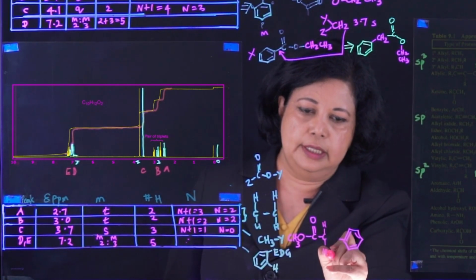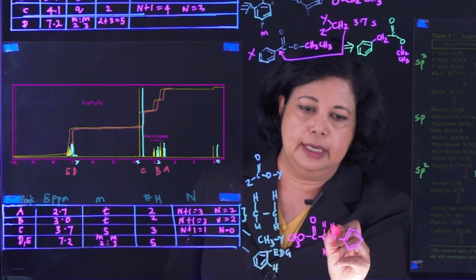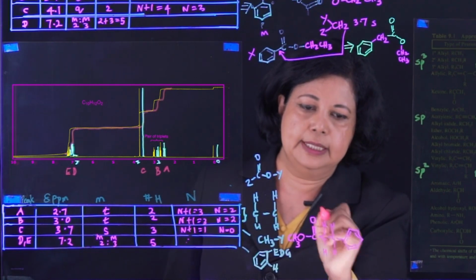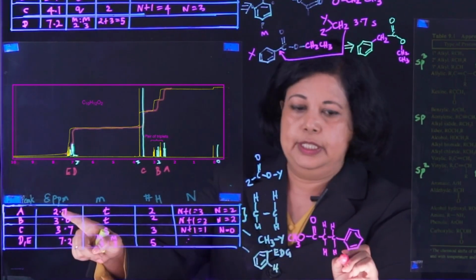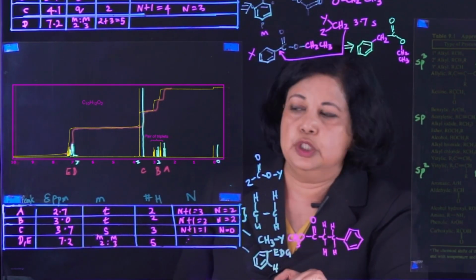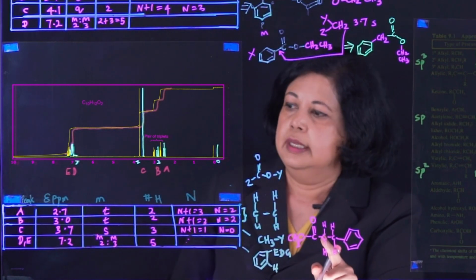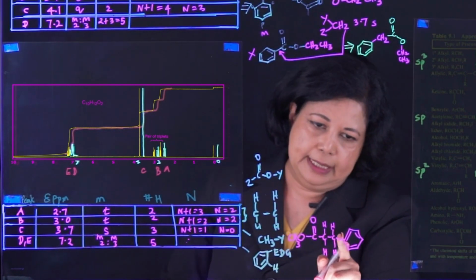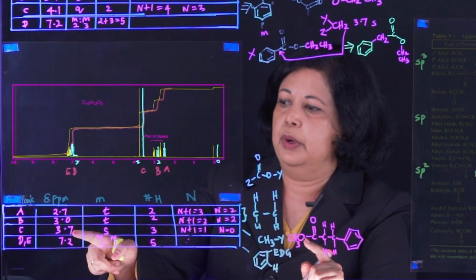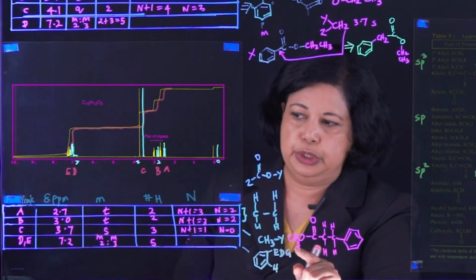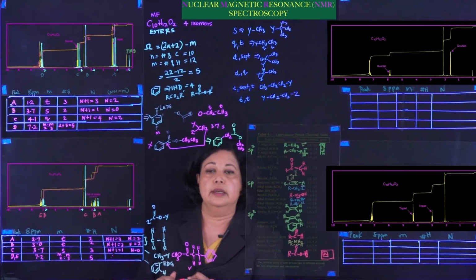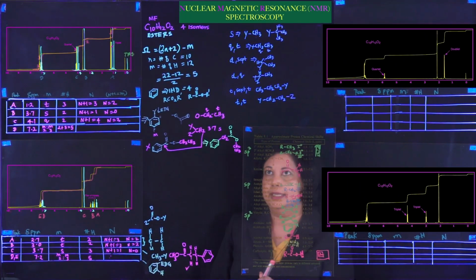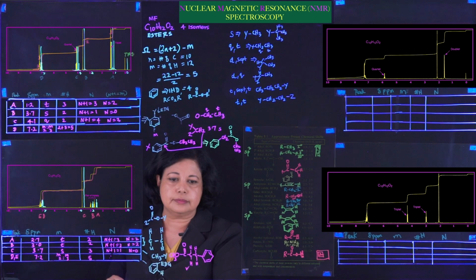So here are our CH2s connected directly to the benzene. And therefore, you can see this is probably your 2.7 next to the benzene. This is your 3.0 next to the carbonyl over here. 3.7 next to your oxygen. So that's going to be our structure. Okay.